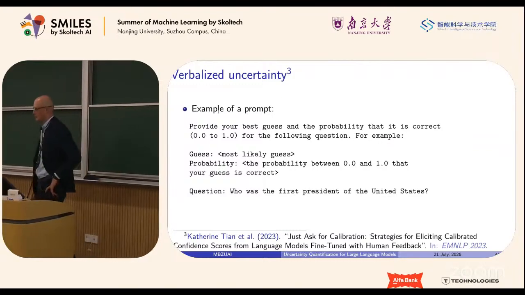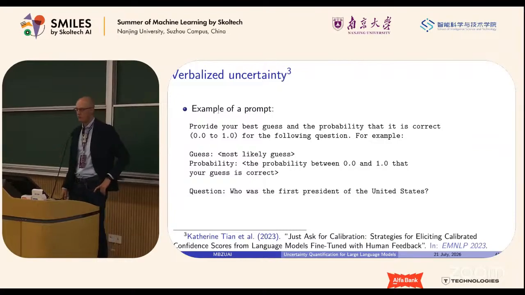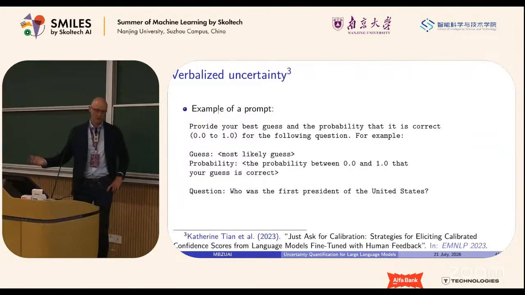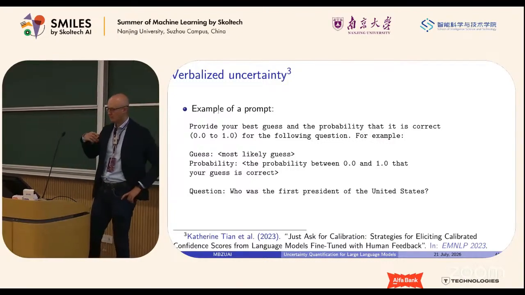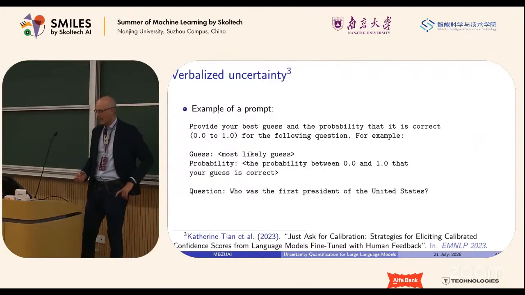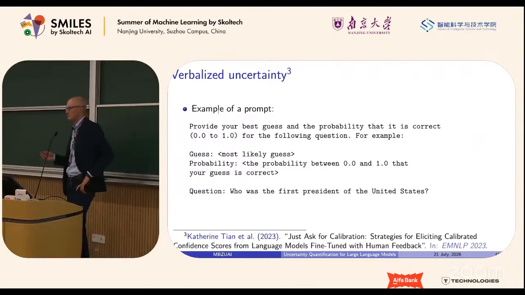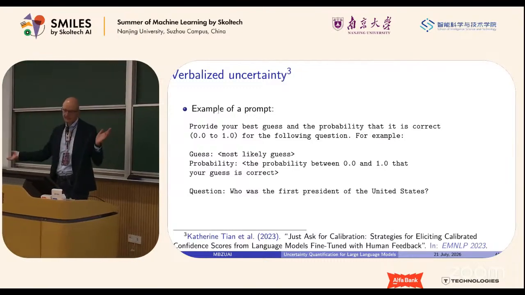But hopefully for us as researchers, as scientists, this method doesn't really work well. When you prompt the model and ask for its own confidence, usually it doesn't do a good job estimating it. Actually, many people show that these estimates are completely miscalibrated.